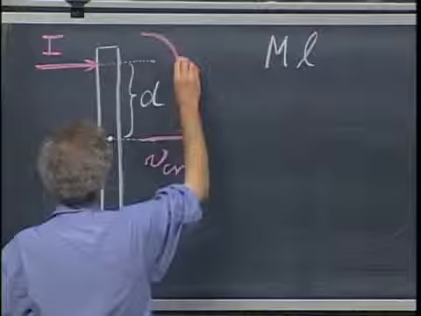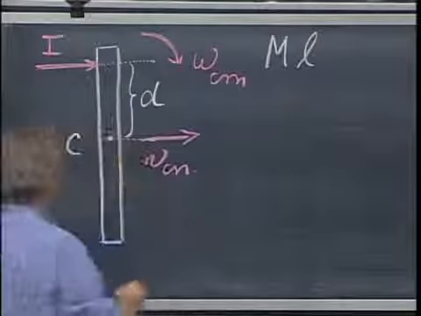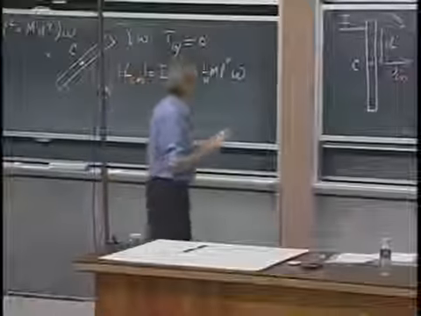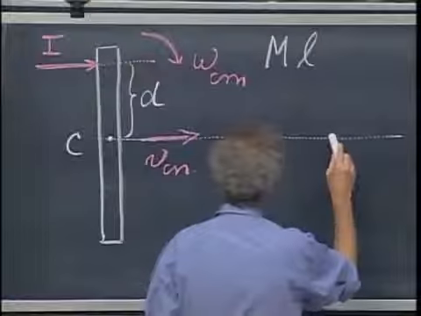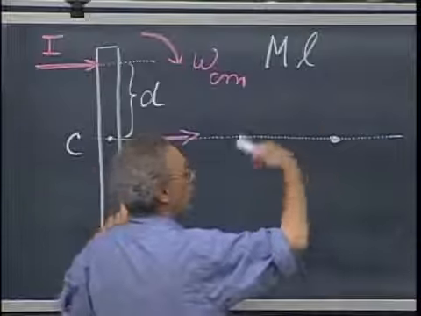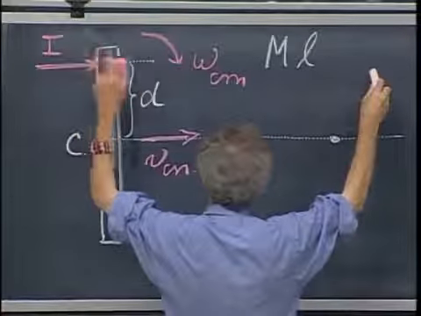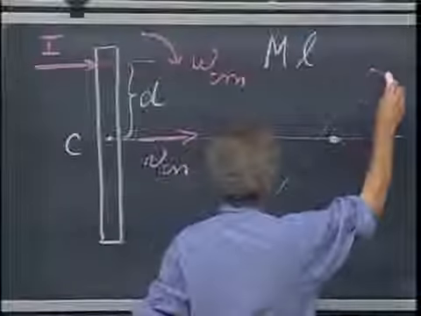In addition, it will give it an angular velocity about the center of mass, and if there is no friction, that will never change. So a little later in time, the center of mass will still be on this line, and it may have rotated 1 or 2 or 3 rotations. That depends on how large I is, and that depends on this distance d. But let's assume that it is now like so.